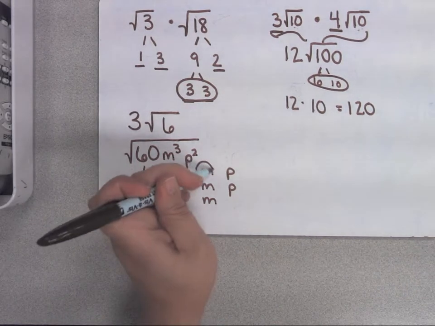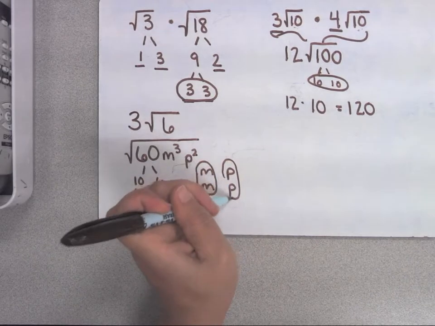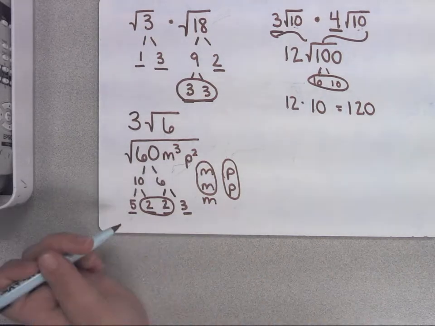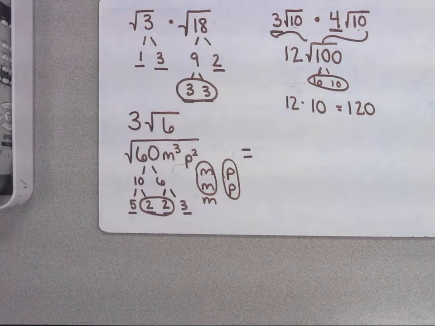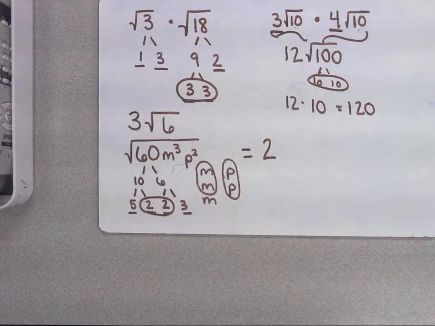It's groups of 2. So 2 of them here. 2 M's. No more circles for M's. Ooh, P's. I see 2. Now that I have circles in everything, now we can write our answer. Do all the circled stuff. Do I have any circled numbers? What am I going to write? What's circled in my numbers? A whole 2.